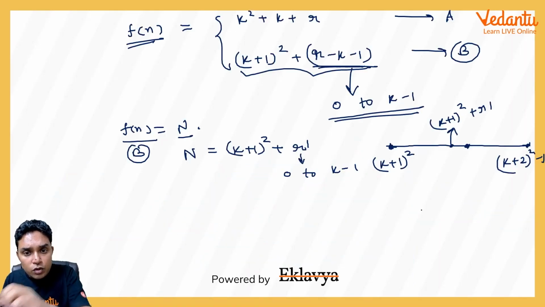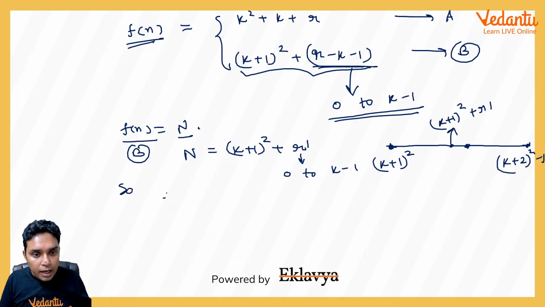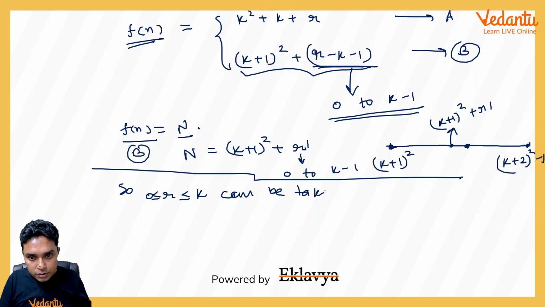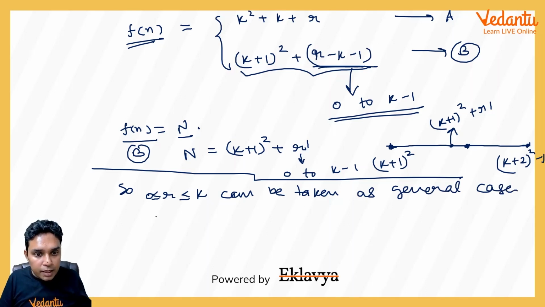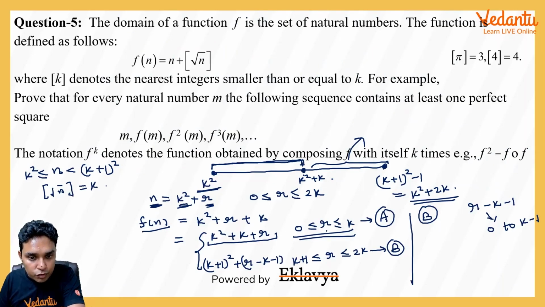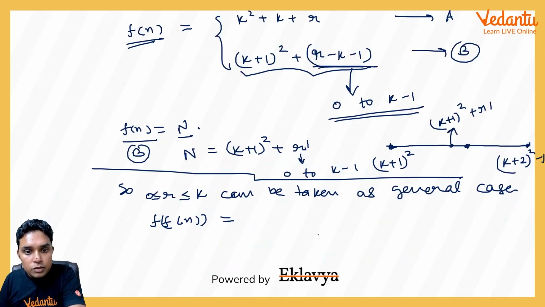Now let us assume that r is lying between 0 and k only, which can be taken as a general case. And now to do it further, I will take f of f(n) for that case number A. So what we will get?